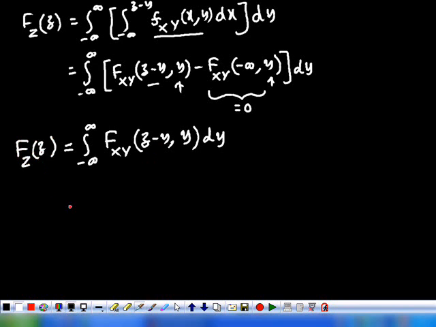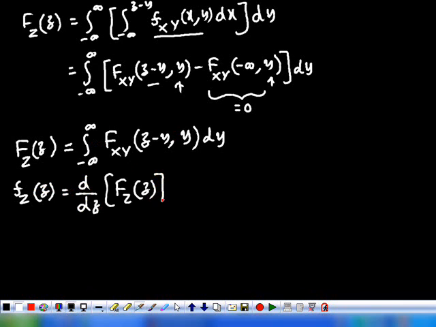So if you know this, can we find the density? Simply differentiate. What is f_Z(z)? f_Z(z) is equivalent to d by dz, because both the left hand side and the right hand side are functions of z. That's why we are differentiating with respect to z on both sides.